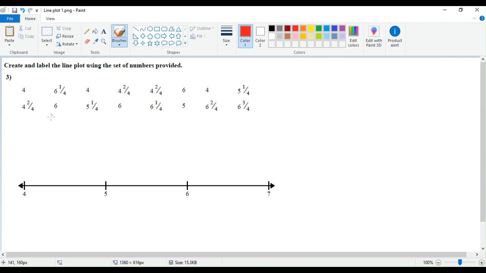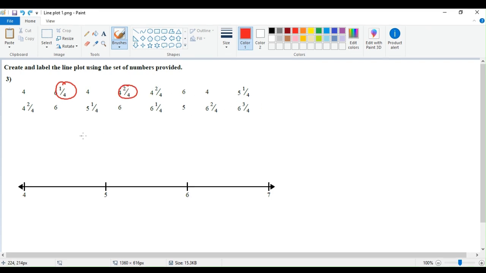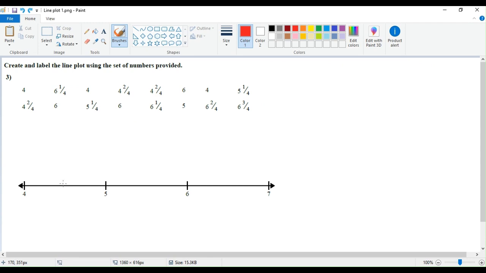So practice question 3, similar type. We've got 4 to 7. We need to fill in some of the parts in between because we're dealing with fractions here, 1 and 2/4 and so on and 3/4. So we're going to partition this into quarters again. Go to the halfway point between the 4 and the 5, and go to the halfway point of this, go to the halfway point of that, and there you have your quarters.